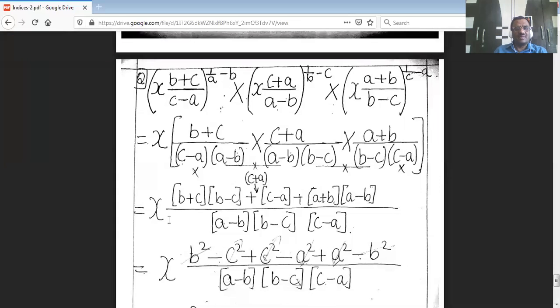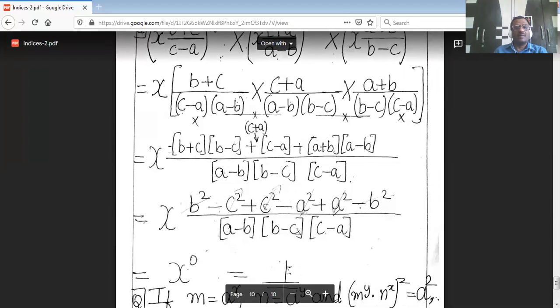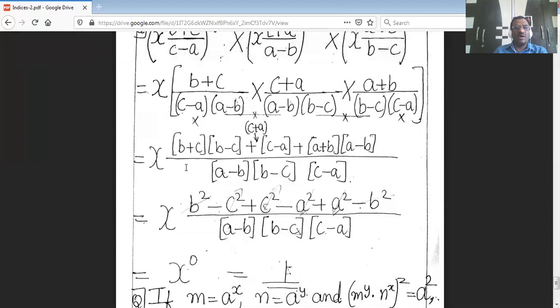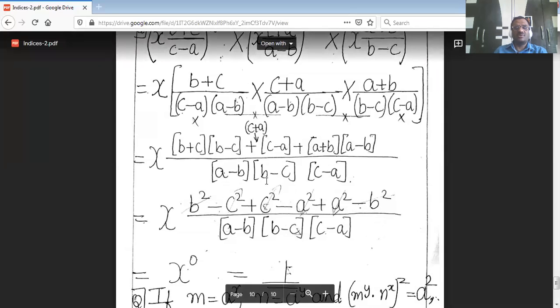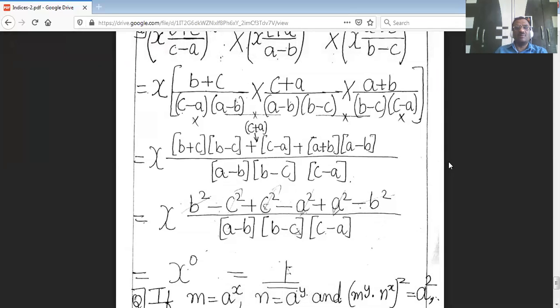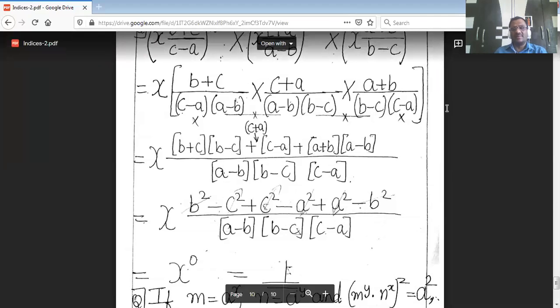Here is the simplification form: x to the power of b plus c into b minus c, and this is c plus a into c minus a plus a plus b into a minus b, divided by a minus b into b minus c into c minus a. This is its LCM part.